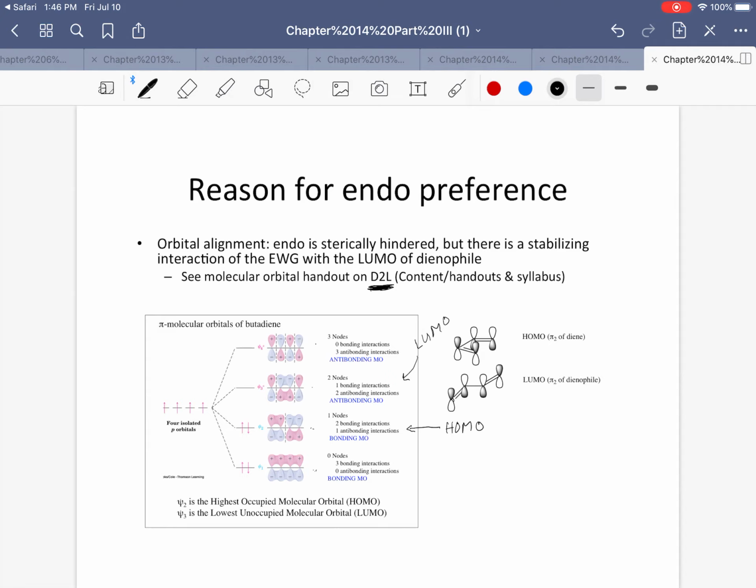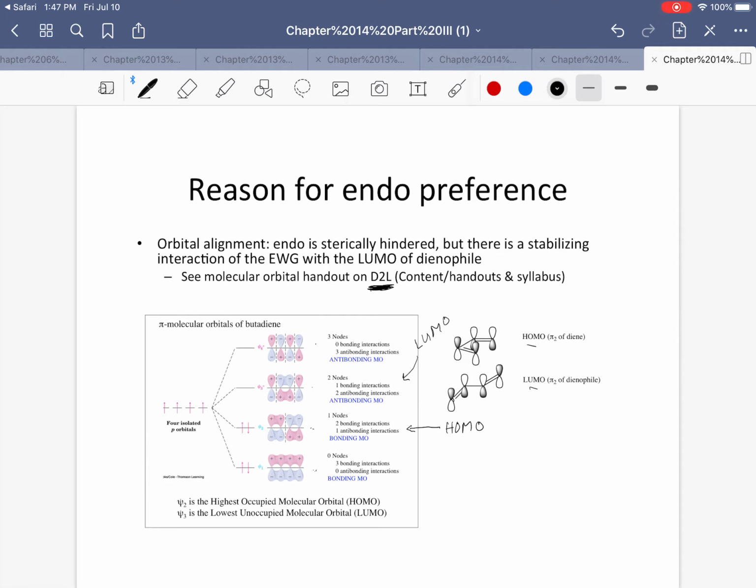So in any organic reaction, what's really reacting is your frontier molecular orbitals, and that is the HOMO and the LUMO. So the highest occupied orbital is donating electrons into the lowest unoccupied orbital of the other reactant.